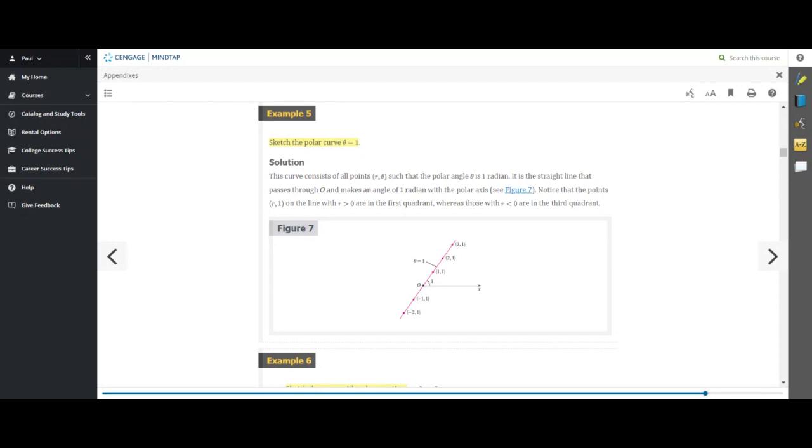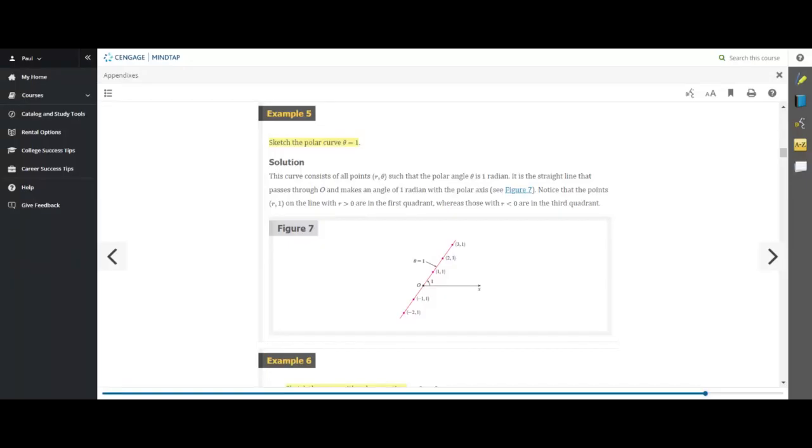And 1, if you were to convert that into degrees, well, let me see. Hold on, I'll go to the whiteboard.